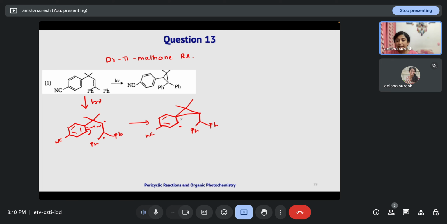Okay. Now regaining the aromaticity of the ring will be the driving force for the reaction. So upon regaining aromaticity, this bond will be breaking, as it will lead to formation of a tertiary radical.